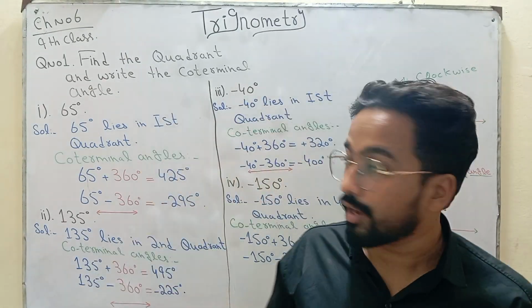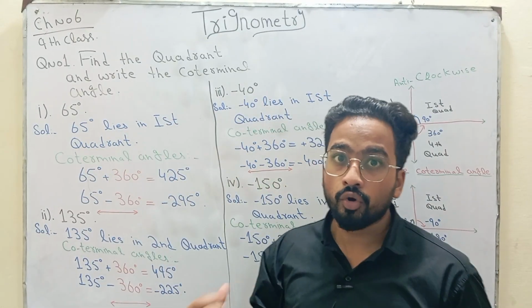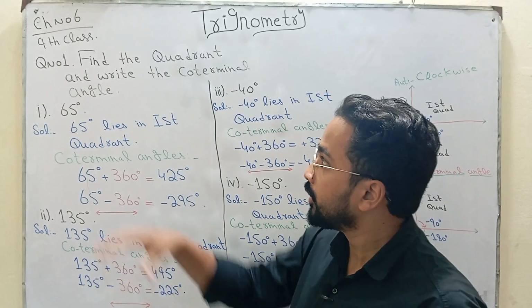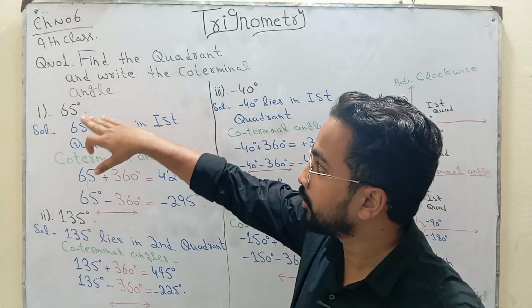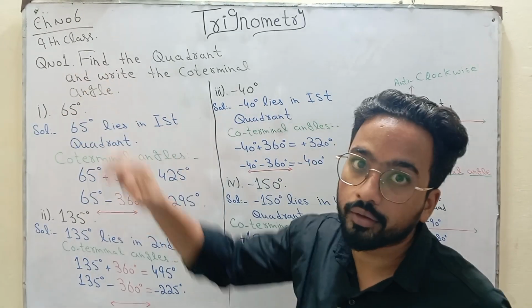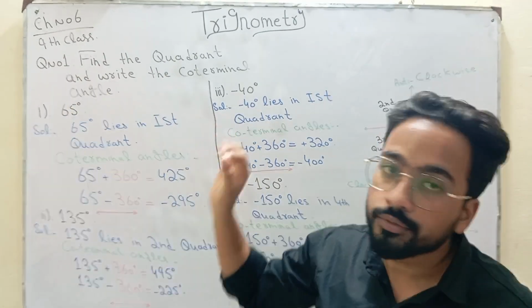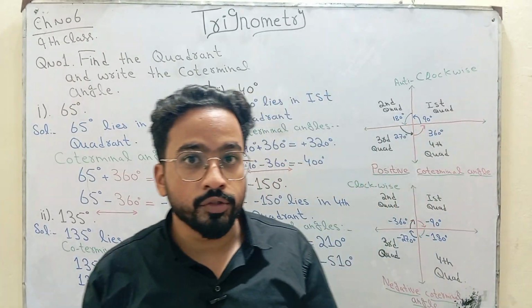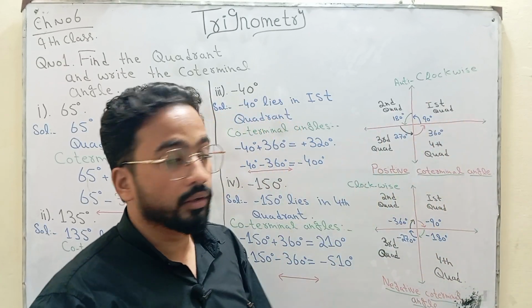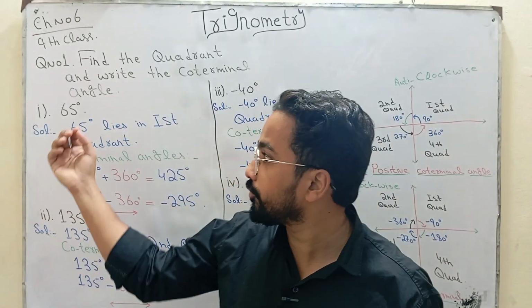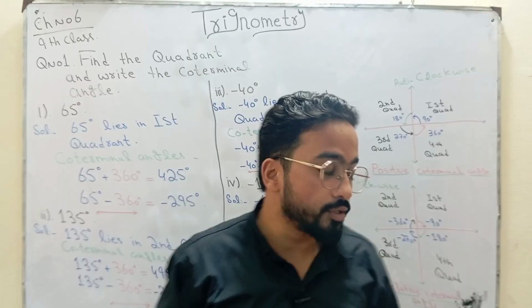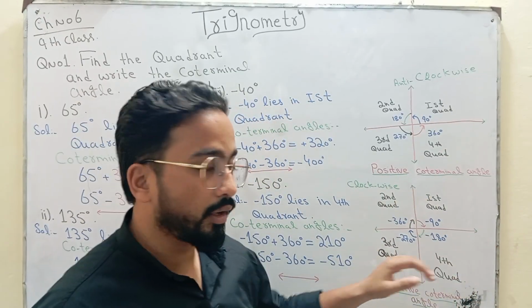So we start our first question with no waste of time. The first part of question number 1 is a 65 degree angle. Here there is no sign, which means the angle is positive. Now we have to see it in the positive coterminal angle. If there is a negative sign, then we see it in the negative coterminal angle.